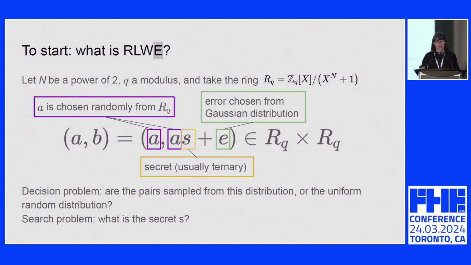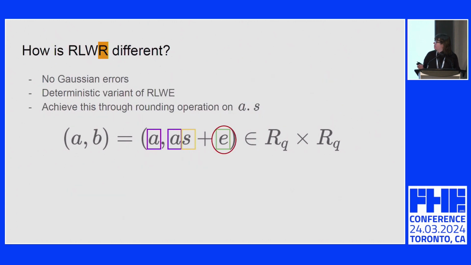And if we were to have many samples, then the S remains the same throughout, but the A would be sampled again each time, and also the E. So now we're going to consider how learning with rounding is different. So in learning with rounding, we have no Gaussian errors. This is a deterministic variant of ring learning with errors.